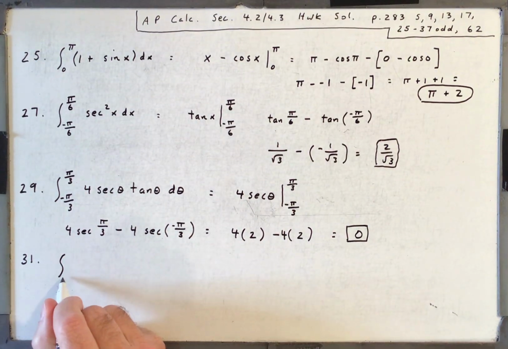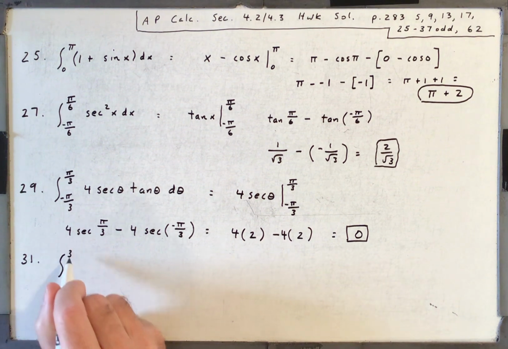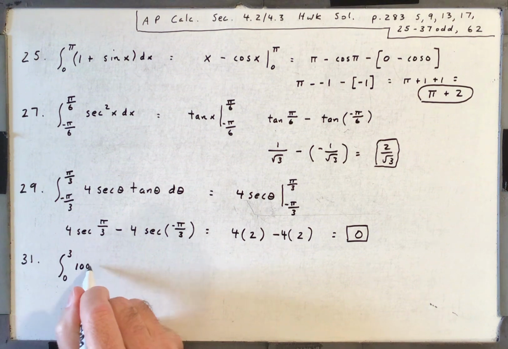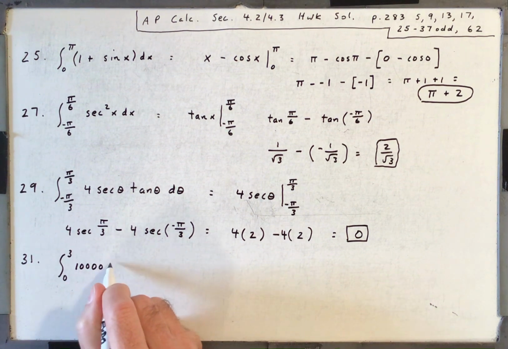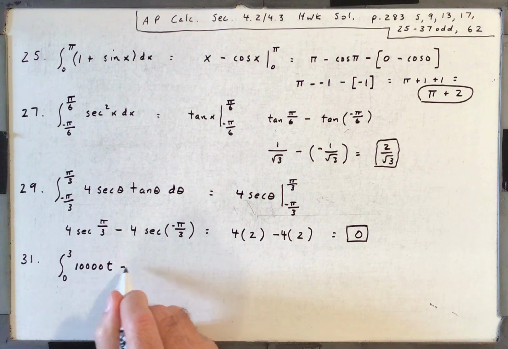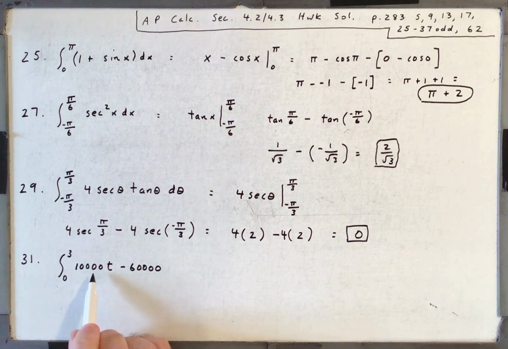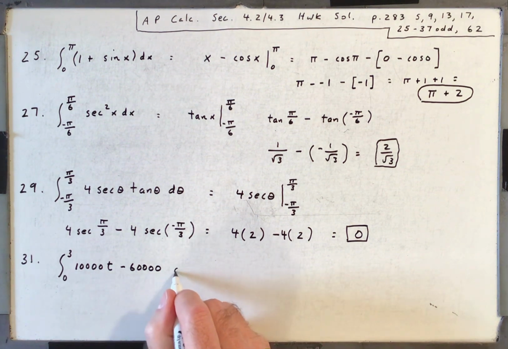So we would integrate from 0 to 3 of 10,000. I'm going to go ahead and distribute that t minus 6. 10,000 t minus 60,000. All I did was distribute the 10,000 across the t minus 6.